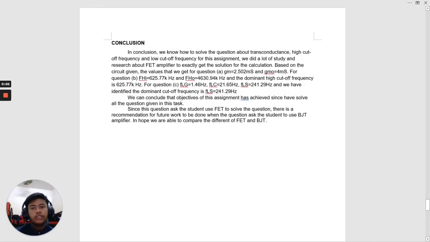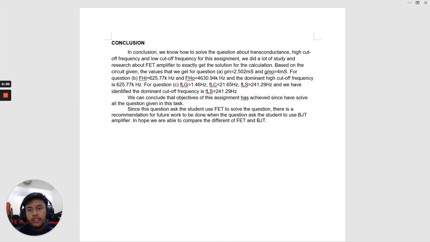So, in conclusion, we know how to solve the question about transconductance, high cutoff frequency, and low cutoff frequency for this assignment, because we have done a lot of study and research about FET amplifier, high cutoff frequency and low cutoff frequency.